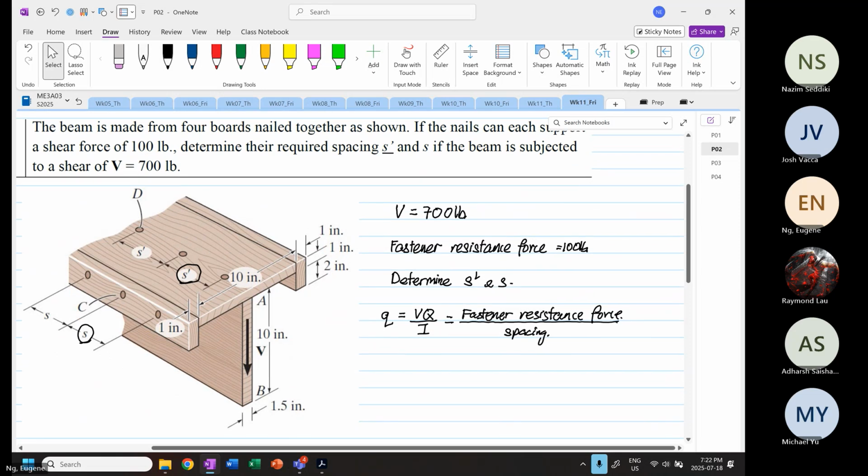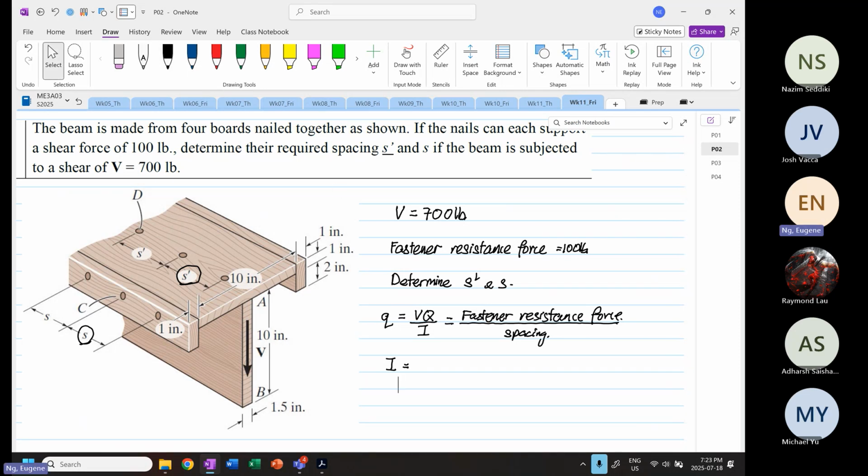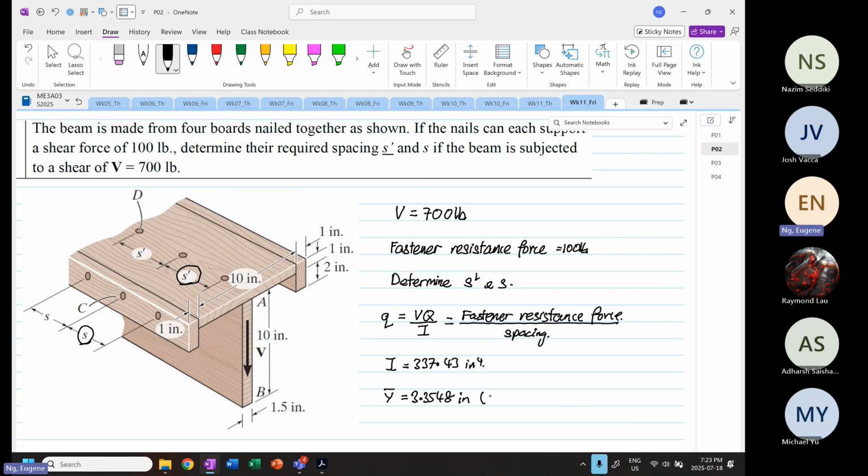So I'm not going to waste time finding I. So I is equal to 337.43 inches to the power 4. And then the y bar, the centroid, is equal to 3.3548 inches, and from the top.